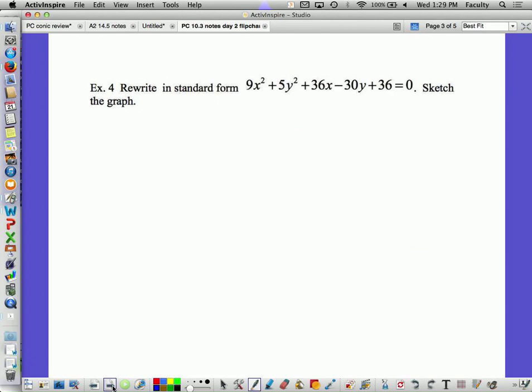All right, example 4, write this in standard form. So let's go ahead and group x squareds and x, y squareds and y. Then before I can take half of the b value, I need to factor out the coefficient.